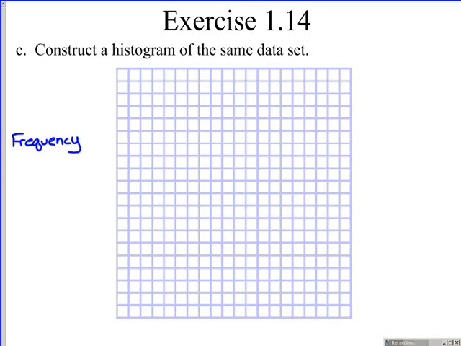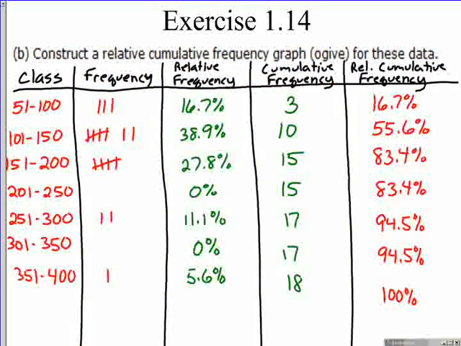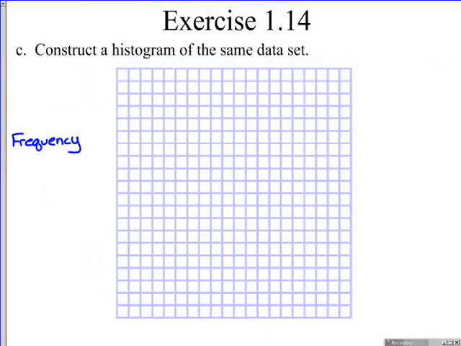And if we look back at our frequencies here, they go up to 7. So to spread our data out so we get a clear picture, let's go every other one here. So 1, 2, 3, 4, 5, 6, 7, and so on.